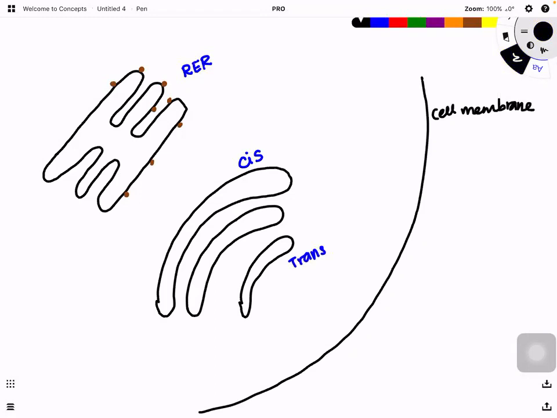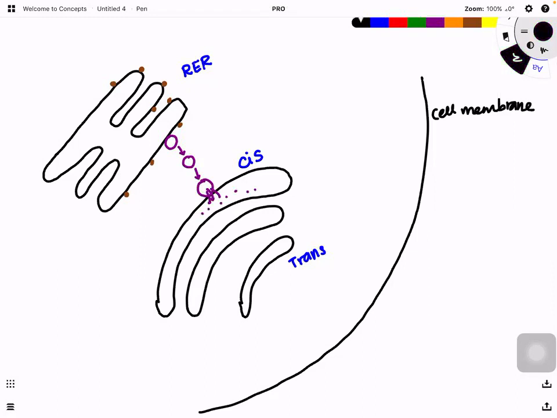So what will happen here is, after the modification inside the rough ER, the rough ER is going to pack this product in a transport vesicle. They pack it, and then this vesicle buds off, moves, fuses, and releases the content into the cis face of the Golgi apparatus. Then inside here, some processes take place.